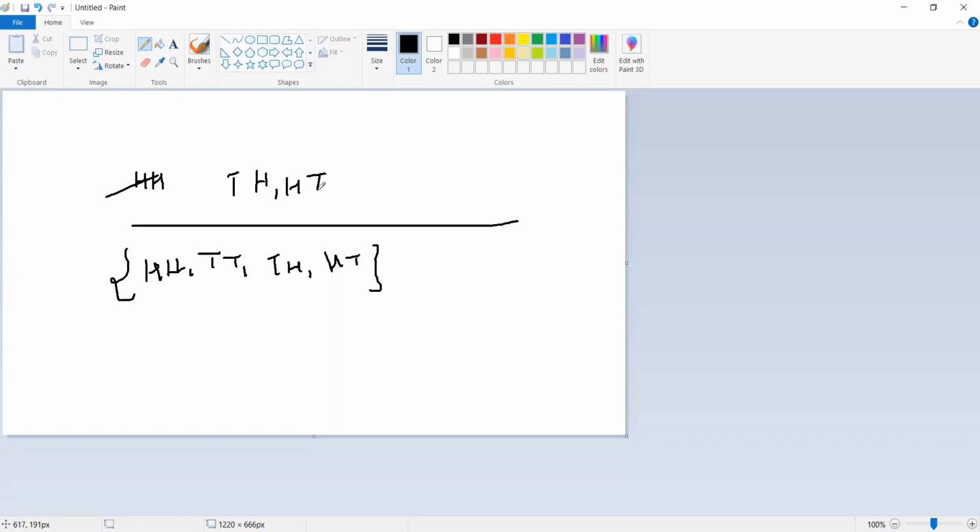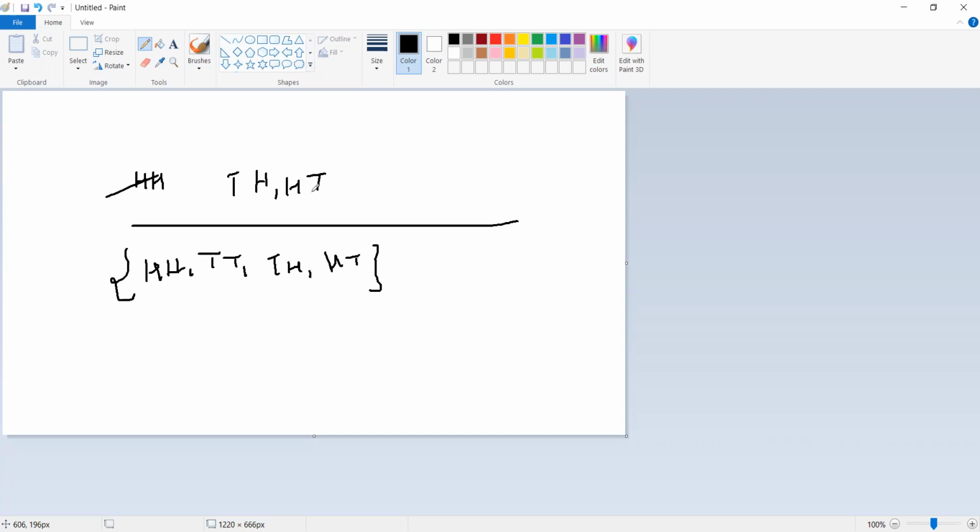I'm not saying that I'm not interested in tail. But what I'm saying is I'm interested in exactly 1 head. So it could be tail head or head tail. So in this case, the probability is 2 by 4: 2 possibilities by total 4 possibilities.